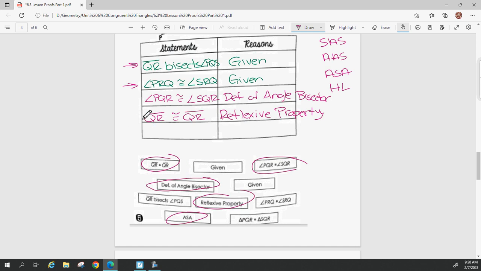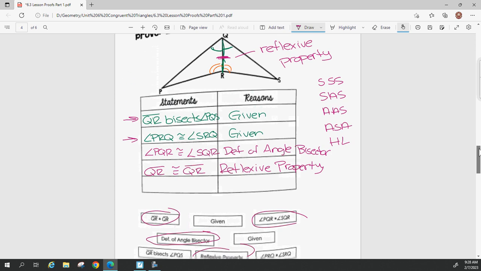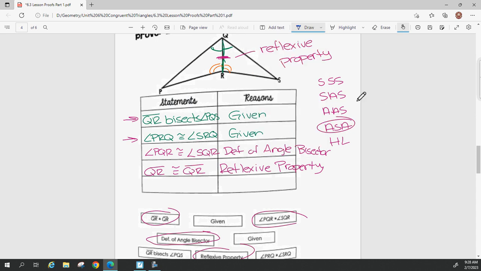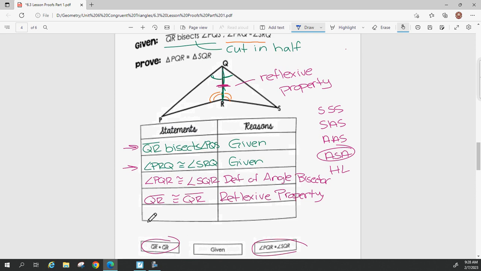And so we've written down now everything that we've marked up, everything that showed us that angle side angle was the right choice. And so we have enough information to have proven our triangles are congruent. So our last step is to actually say, hey, these triangles are congruent to each other. And our reason is that angle side angle shortcut.